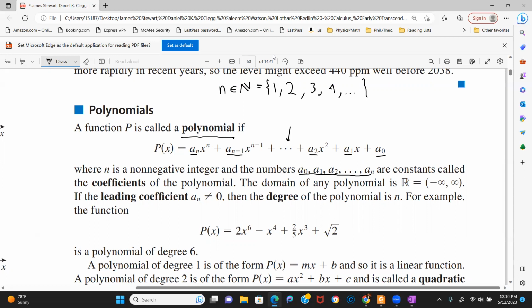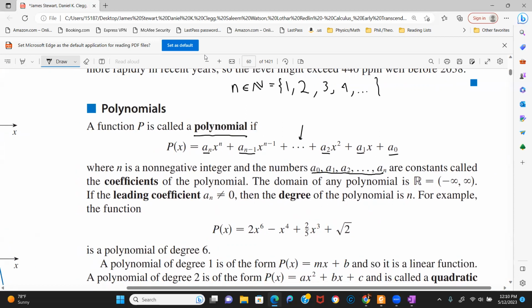It's clear that the domain of any polynomial is just all real numbers. There are no restrictions to the sorts of numbers that you can plug in. Then we have that a_n is called the leading coefficient. We always assume it's non-zero.